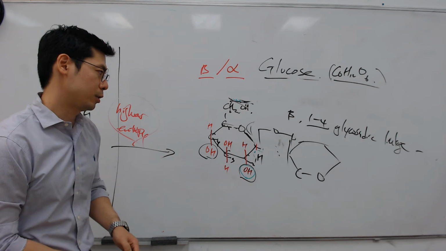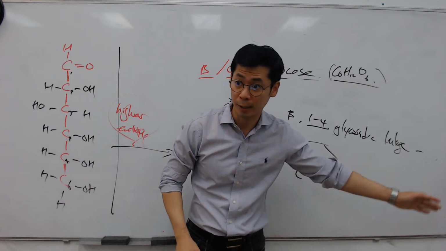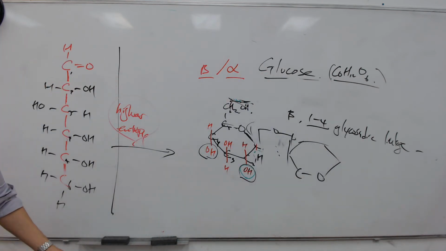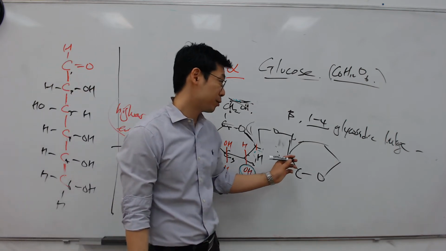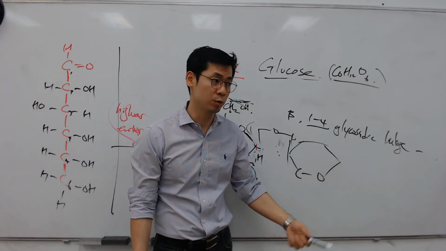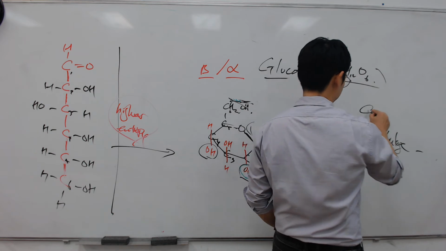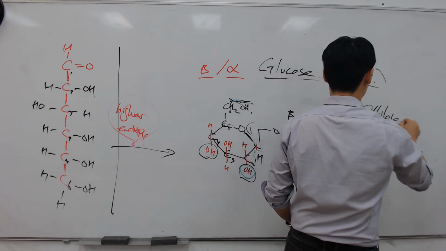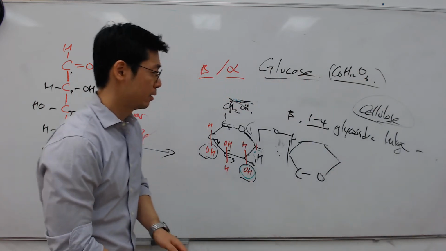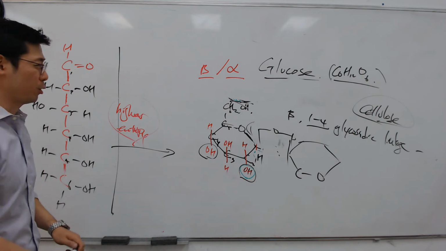And then you can make a long chain of this. What does this turn into, guys? If you create a long chain of this, it turns into cellulose.